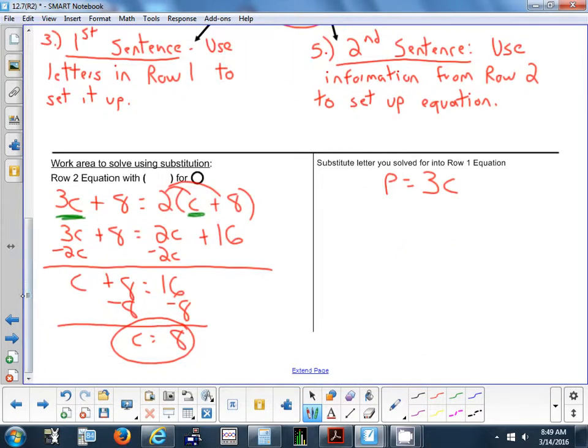What letter did I just solve for? C, right? I want to write this equation now with the letter I just solved for. I want to plug in a number for it. I didn't solve for P, right? P equals 3 times C. What did I get for C? 8. I'm plugging in 8. P equals 3 times 8, 24.